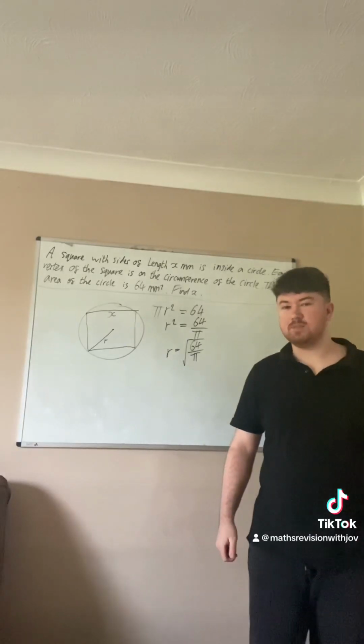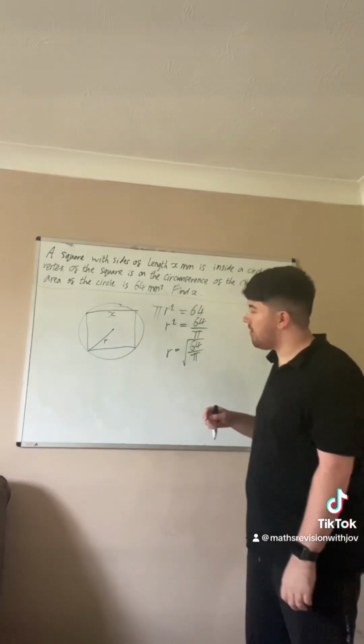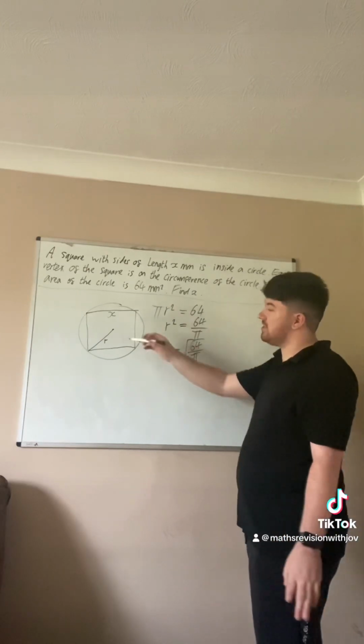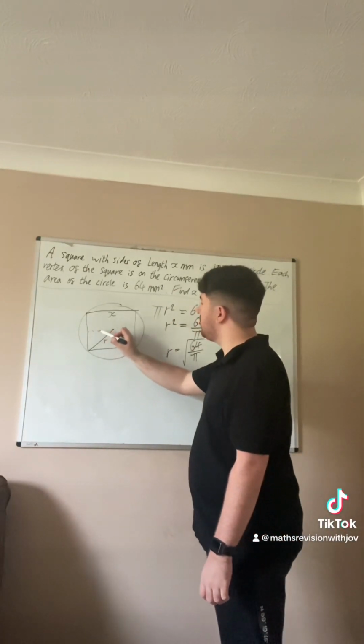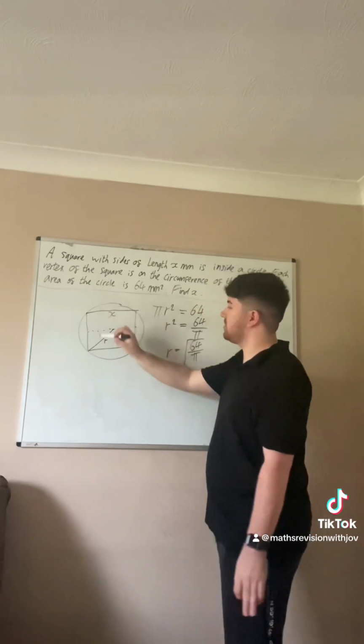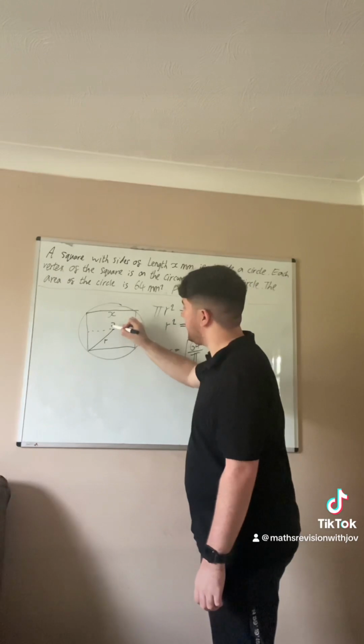Now we need to find an expression for x in terms of r. And we can go ahead and do that by looking at this diagram carefully. We know that if we draw a line across the middle, this is just going to be the length of the side because I've just moved the line down a bit. So that's x.